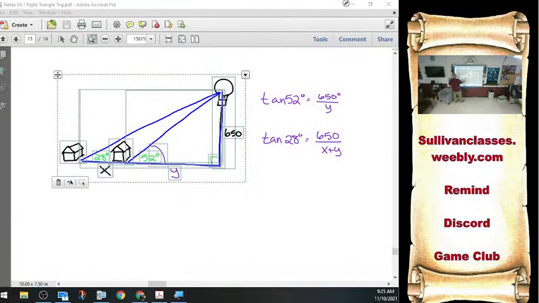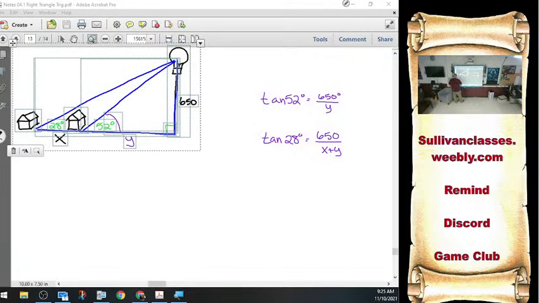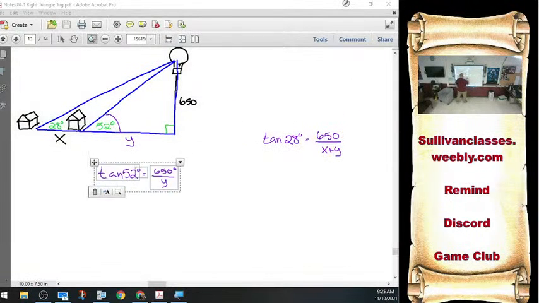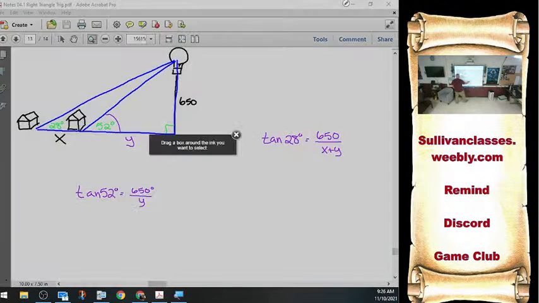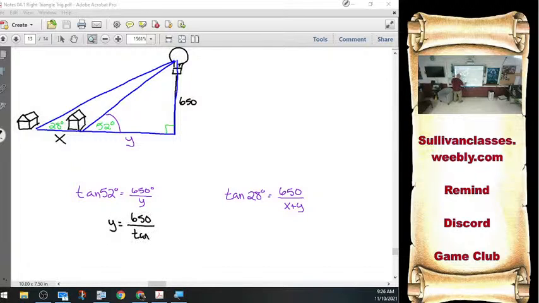So this, get out of my way. Okay. Swap your means and extremes. y is 650 over tangent of 52.